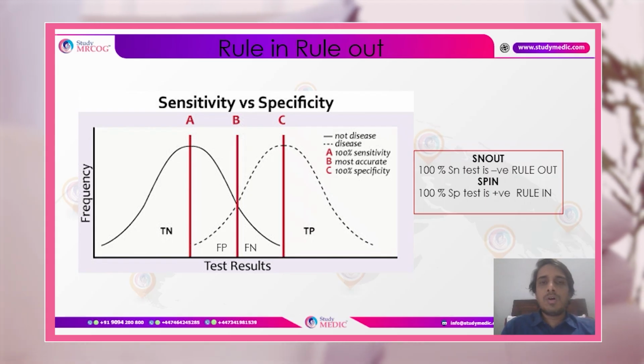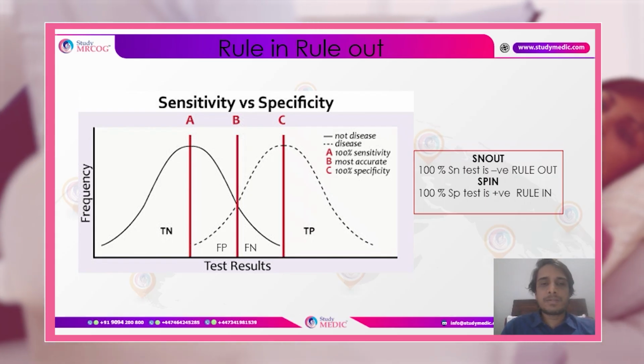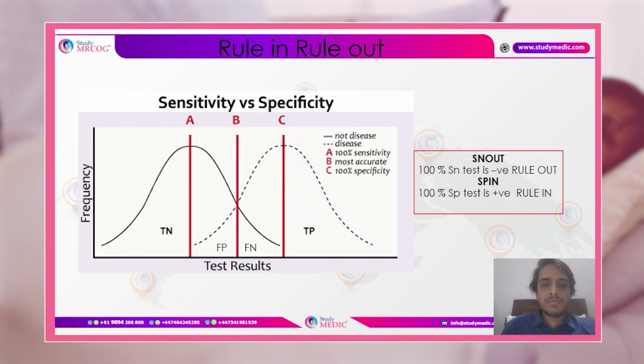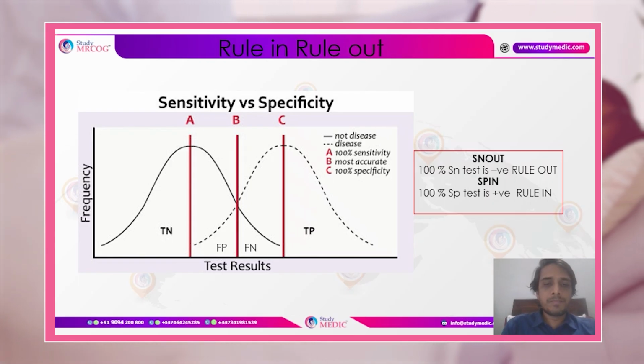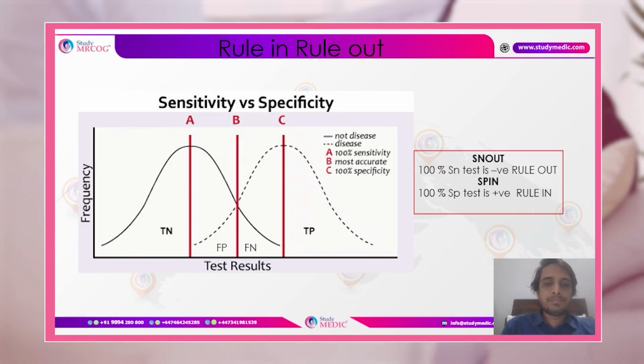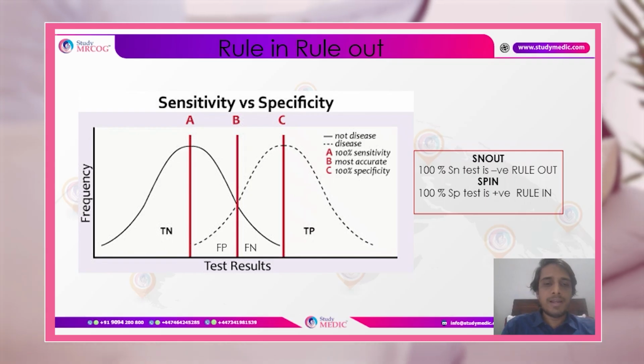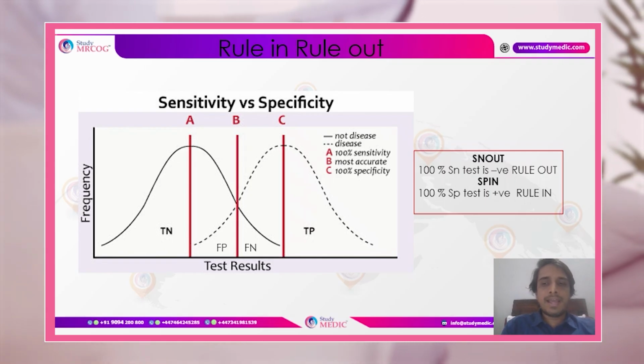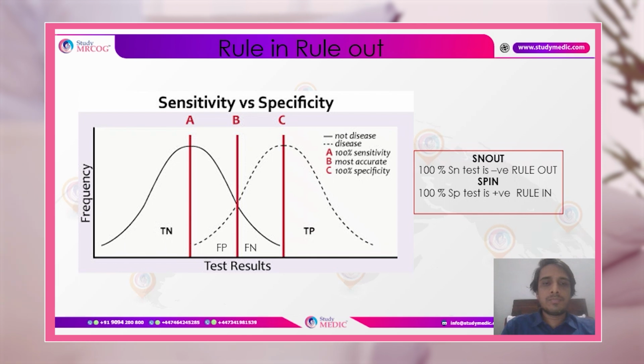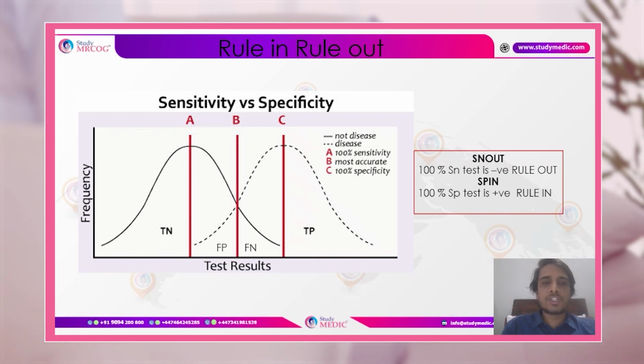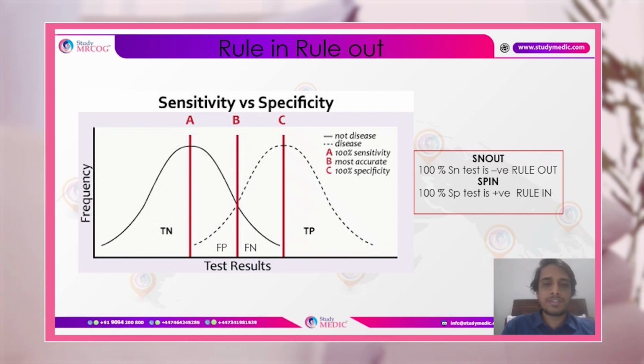Now, how to rule in or rule out a disease? You can see here the double bump chart, which represents the cutoff value for a diagnostic test above or below which you can rule in or rule out the disease.